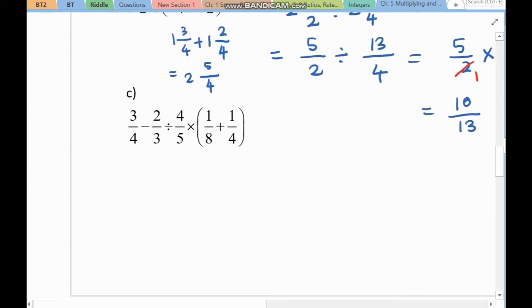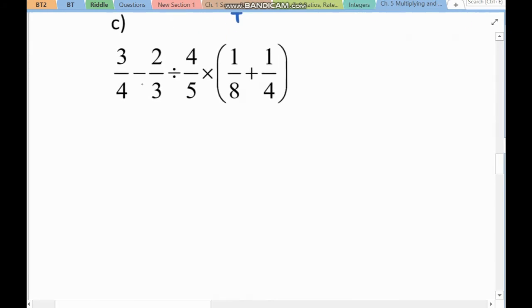Okay, next, C. We have subtraction, division, and multiplication, and bracket. Okay, inside the bracket, we have 1 over 8 plus 1 over 4. So 1 over 4, we're going to make a common denominator by multiplying it by 2. So 1 over 8 plus 2 over 8.